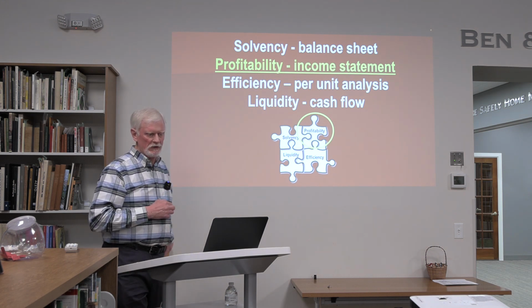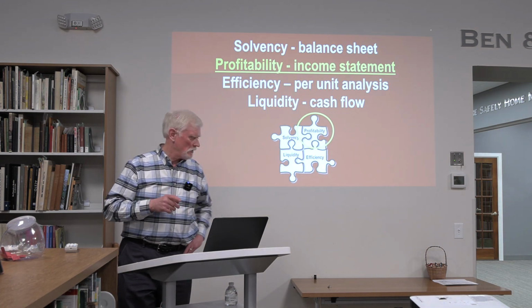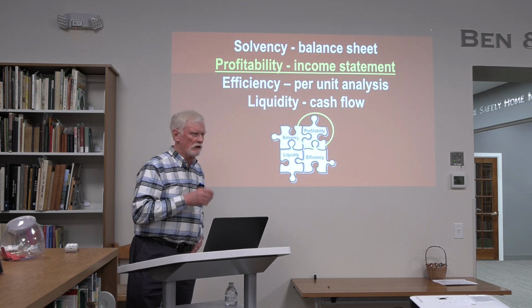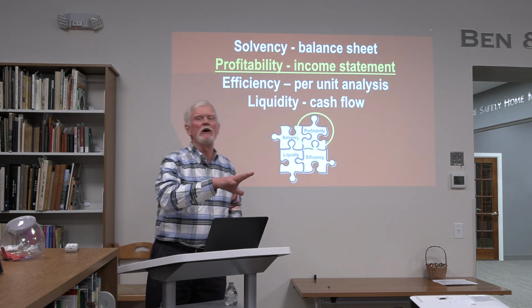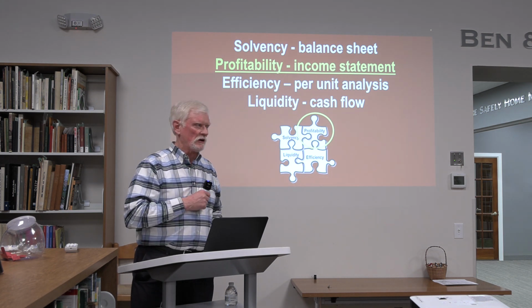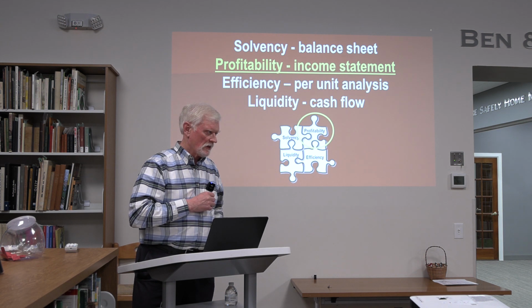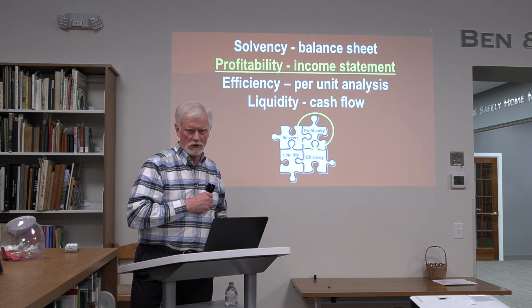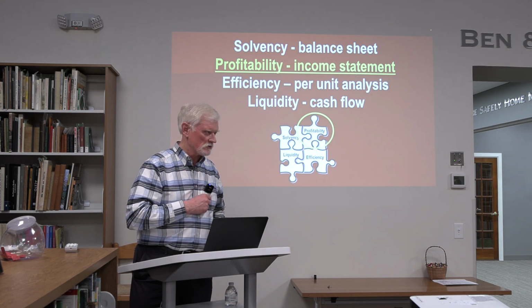Next, profitability, or an income statement. Now, for small businesses, this is the only statement required by the government. All right? If you have a business, you're going to file a Schedule F for a farm or a Schedule C for a small business.